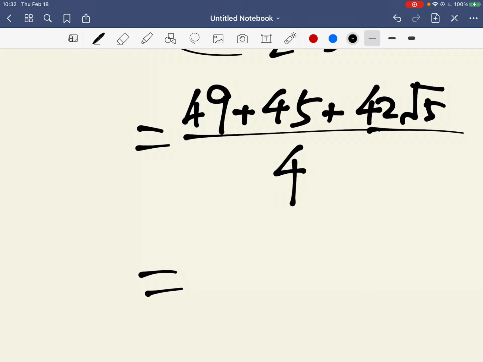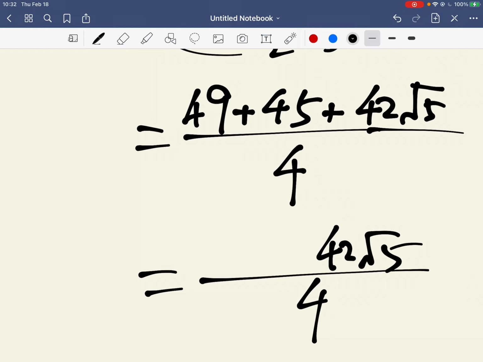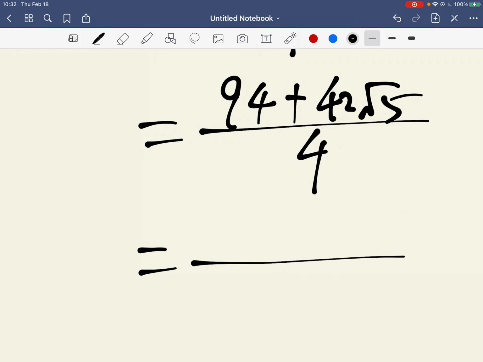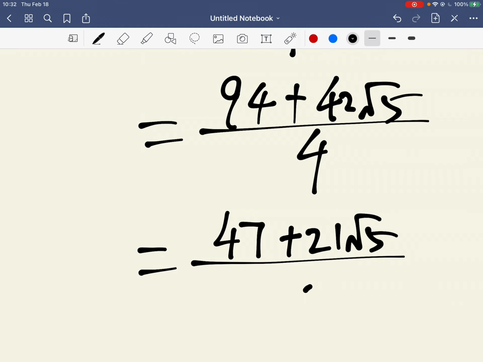If we simplify that, we see that that is 50 plus 44, which is 94, plus 42 root 5, divided by 4, which we know is 47 plus 21 root 5 over 2. That is x to the 8th.